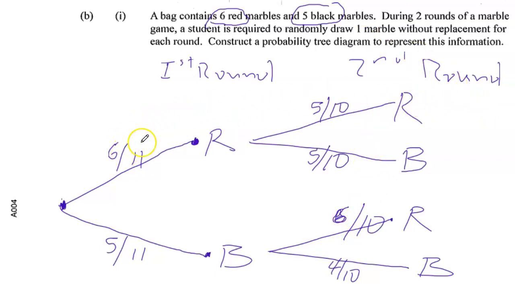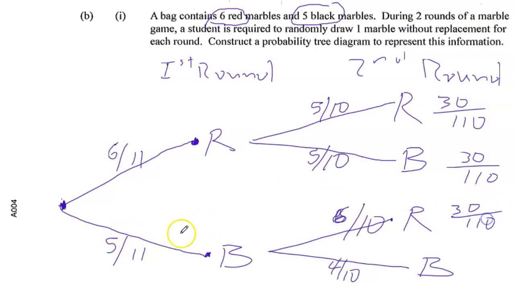So 6 over 11 times 5 over 10. 6 times 5, that's 30. 11 times 10, that's 110. 6 over 11 times 5 over 10, 30 again over 110. 5 over 11 times 6 over 10, that's 30 over 110. And 5 over 11 times 4 over 10, 5 times 4, 20. So 20 over 110.